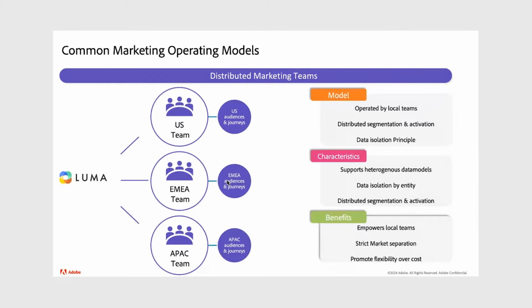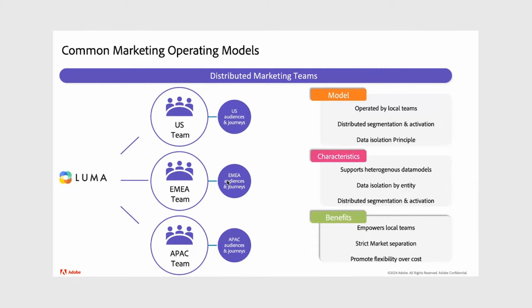Of course, flexibility comes with a specific cost as well that has to be taken in order to create that data isolation strategy. One thing to keep into consideration here is that if you have, for example, John Doe, who is a customer in the US, and if John Doe makes some purchases in EMEA, then you will end up with two different records, two different representations of the same customer.